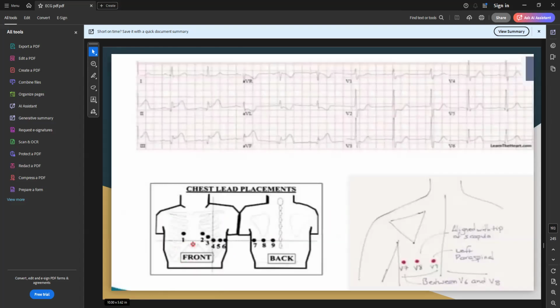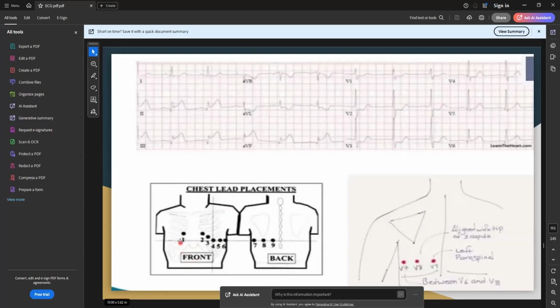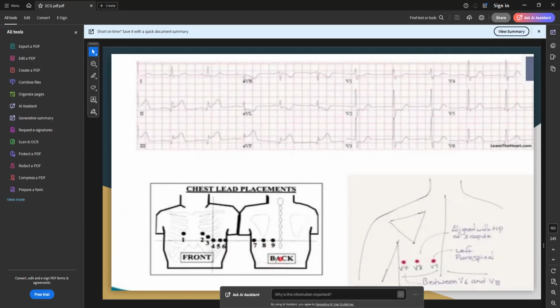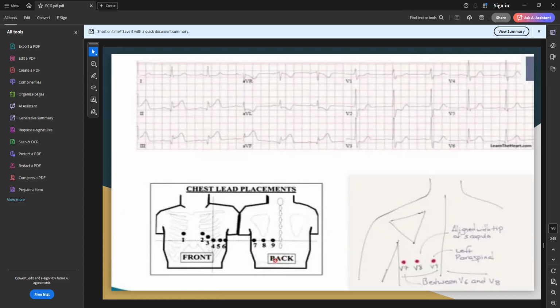Here you can see how to place the leads. This is the front of the chest, lead 1, lead 2, lead 3, lead 6. Where do you have to place lead 7, lead 8 and lead 9? In the back of the patient, you have to place lead 7 between lead 6 and lead 8.